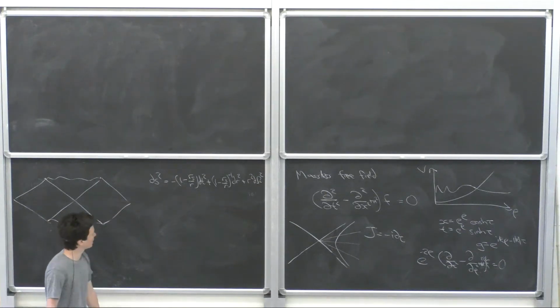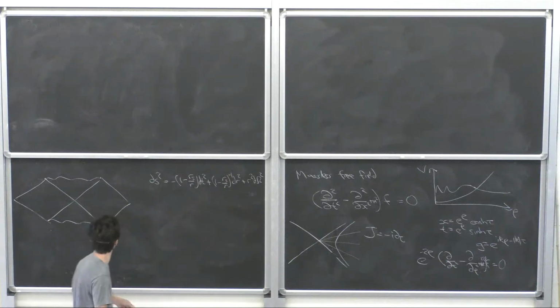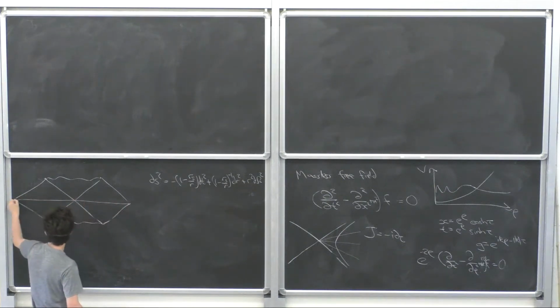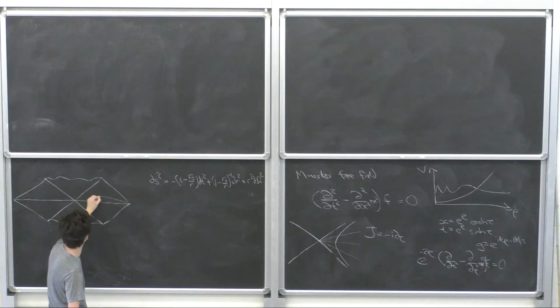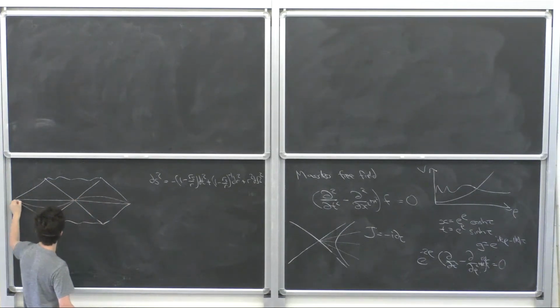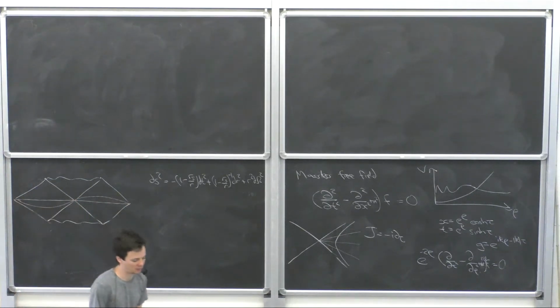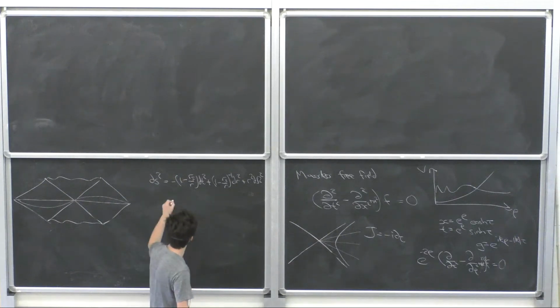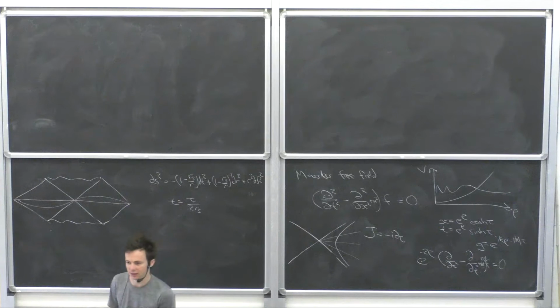On the other hand, if we're in the very near horizon region, lines of constant t translate forwards on the right, backwards on the left. So very close to the horizon, they look like boost time. In fact, the relationship between the boost time that we had before and t is t equals tau over 2 r_s. You can check this explicitly. It's an easy exercise.